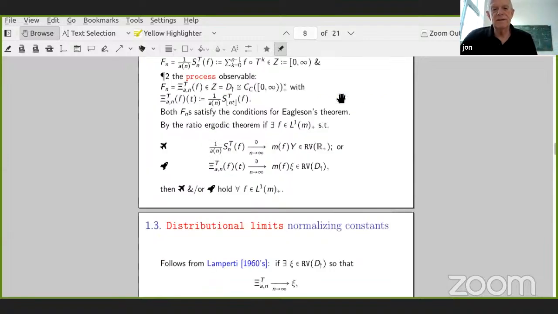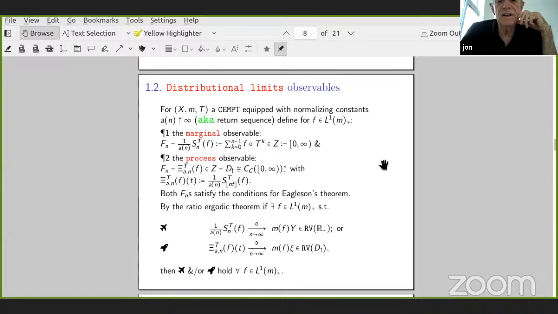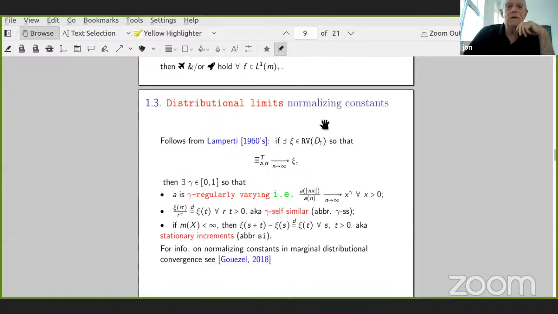This sort of limit was first considered, I think, in the 60s by Lamperti. He was also looking at dynamical systems, but not in this context. So if I have some random distribution function on the positive reals, and C_n tends to C, some element of L1 plus, then in fact there's some gamma in [0,1] so that the normalizing constants are regularly varying with index gamma.